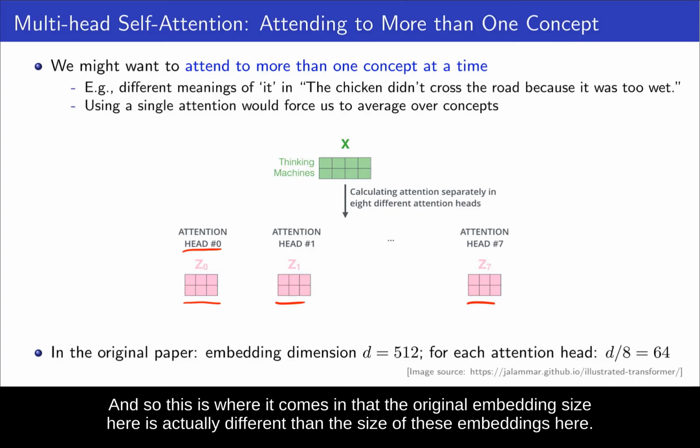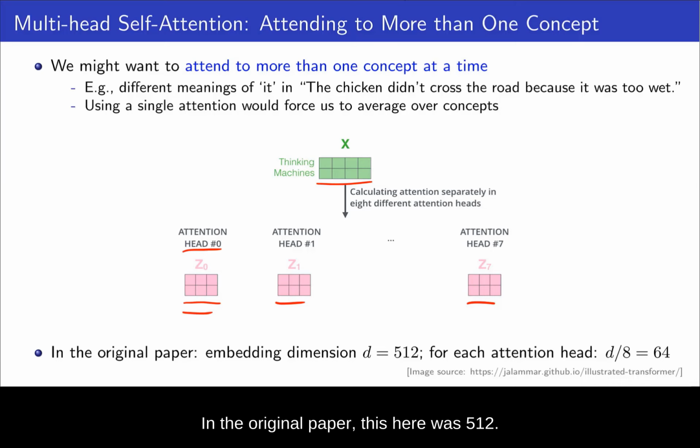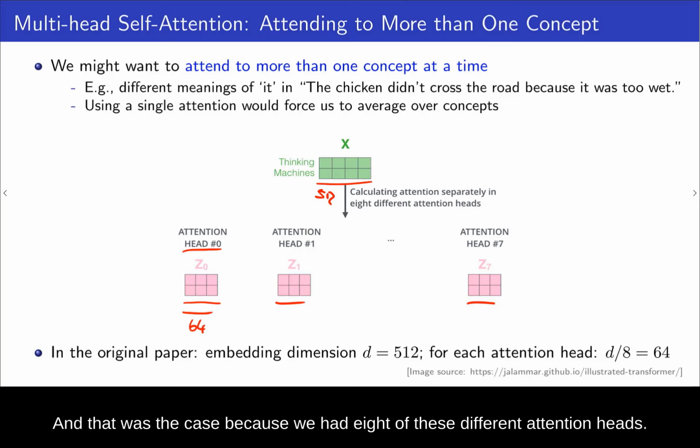And so this is where it comes in that the original embedding size here is different than the size of these embeddings here. In the original paper, this here was 512, this here was 64, and that was the case because we had 8 of these different attention heads.